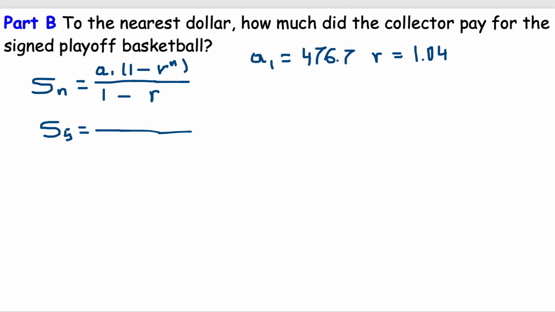For a1, we plug in 476.7 times 1 minus 1.04 in exponent 5, everything divided by 1 minus 1.04.